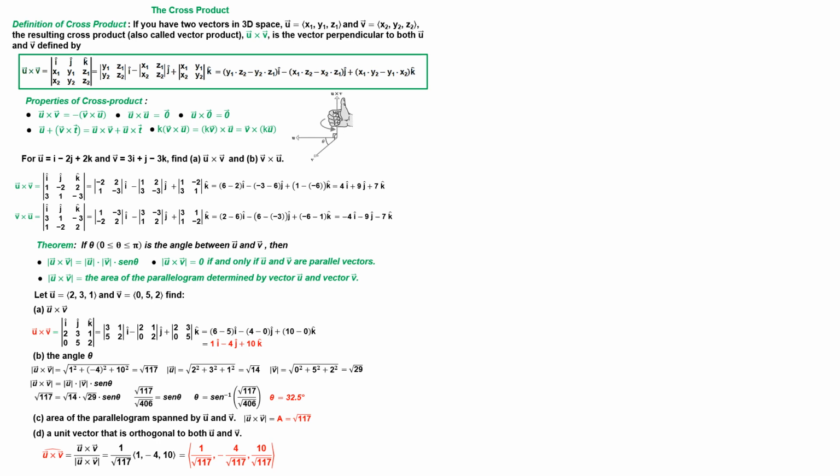We now learn how to use the vector product to calculate the volume of a parallelepiped. Let's consider the parallelepiped spanned by the vectors u, v, and w. The volume of the parallelepiped is the area of the base times the height.